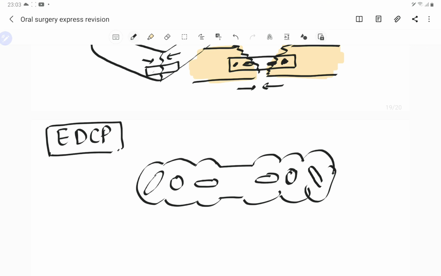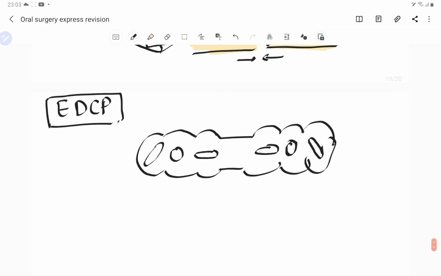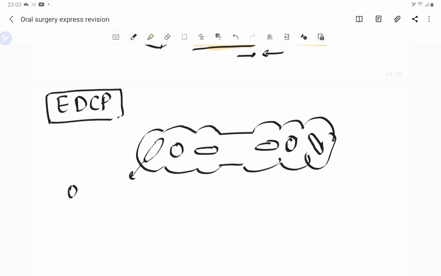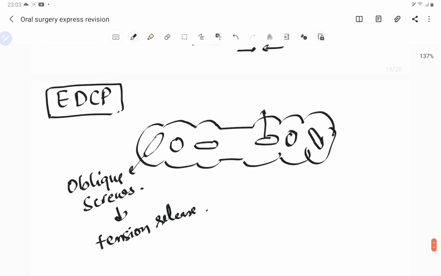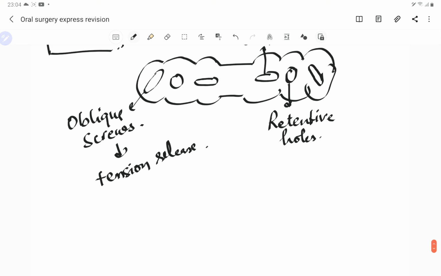This is the added benefit of the eccentric dynamic compression plates, because these extra oblique screws counteract the tension released during the dynamic compression plate, right? So these oval holes are the compression holes, then these are the retentive holes. Basically it is used to release the tension, right?